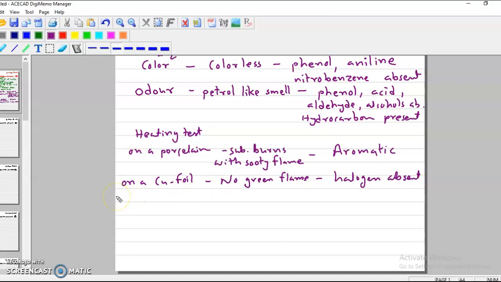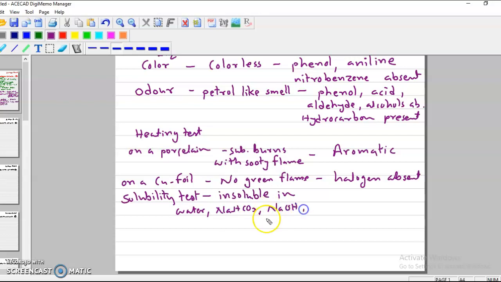Then we go ahead with the solubility test with water and other solutions, and we find that the substance is insoluble in water, saturated solution of NaHCO3, 20% NaOH solution, and 20% HCl solution.